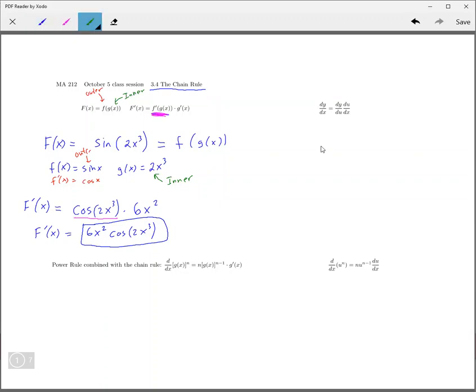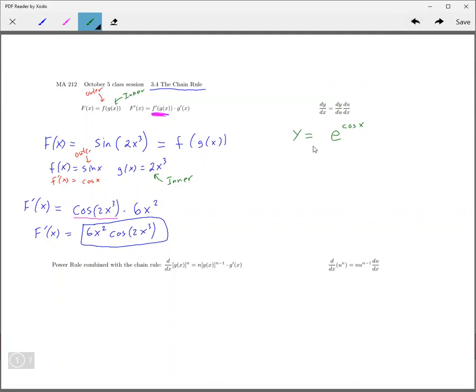This other way would be like if you had y equals e to the cosine x, for example. Okay, so here the u is... never mind, this one's confusing.